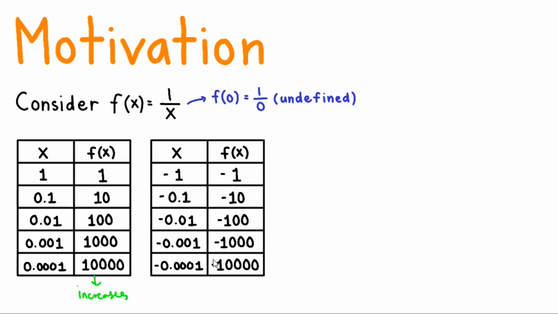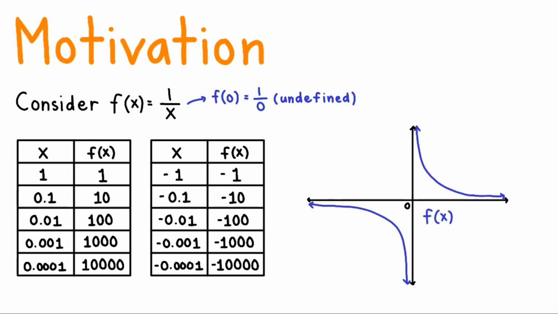Similarly, as x approaches 0 from the left, or from negative values, the value of f of x constantly decreases. And these two are without bound, since f of x increases without bound and f of x here also decreases without bound. And indeed, if we check out its graph, let's try to plot it in here.